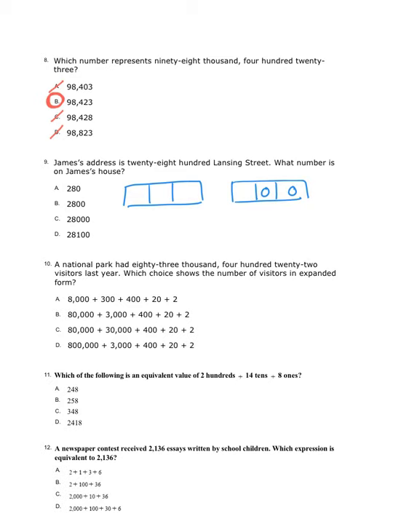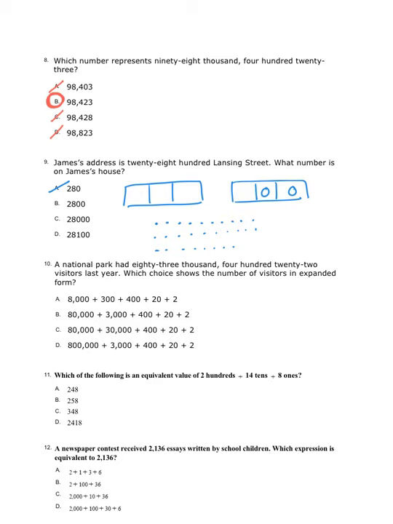So I know that my answer is going to have at least 2 zeros, so I can get rid of A. Now if I have 28 hundreds, I know that I can't write 28 in the hundreds place.